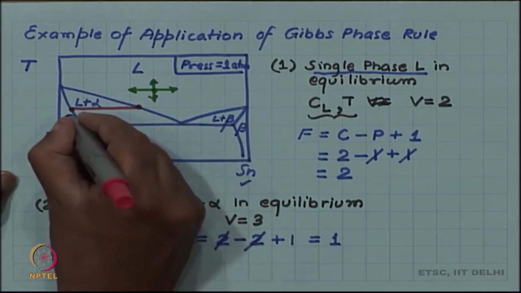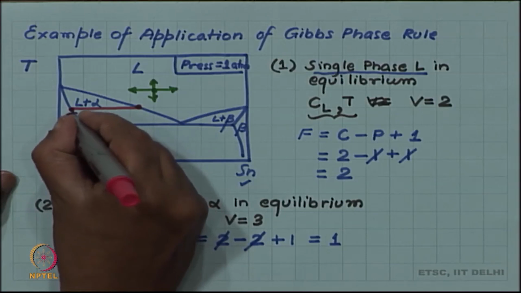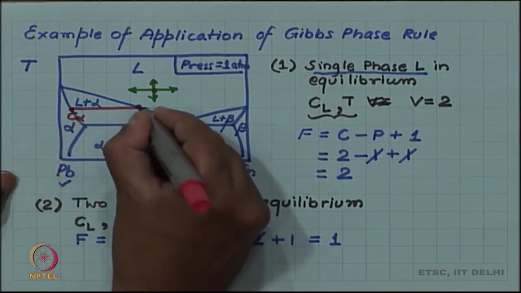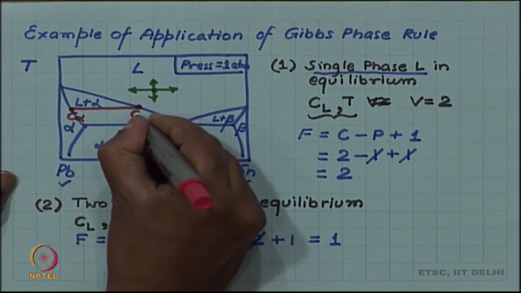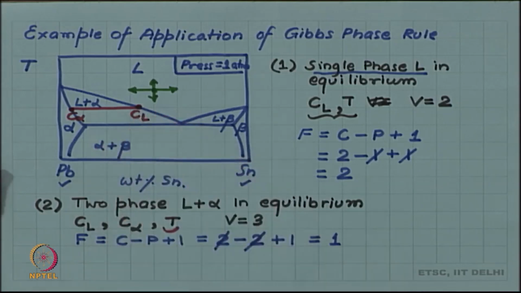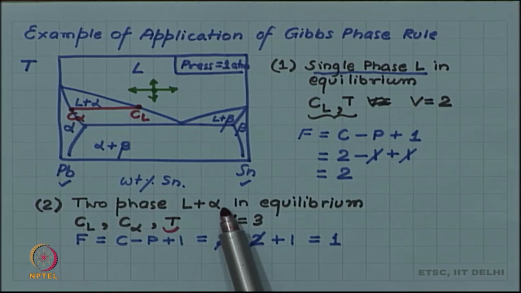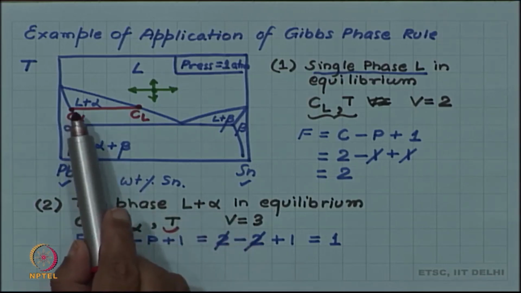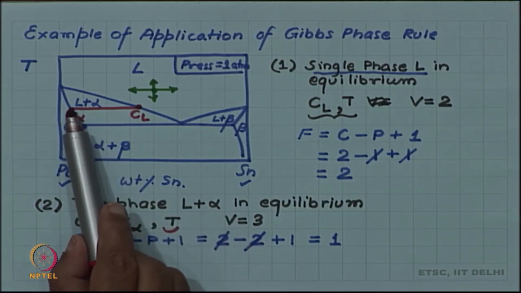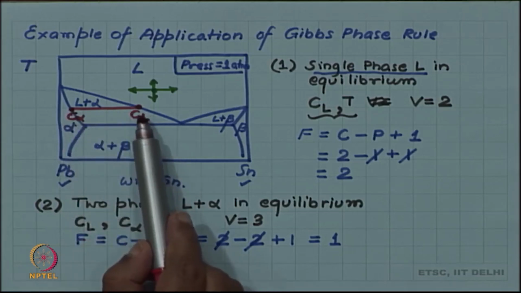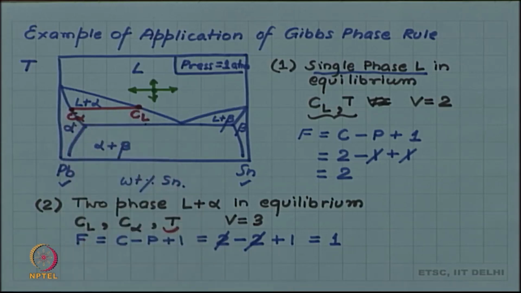The alpha end of the tie line gives me the composition of alpha, and the liquid end of the tie line gives me the composition of liquid. So, as soon as I specify the temperature and I insist on a liquid plus alpha equilibrium, the alpha has to have the composition given by the tie line, and the liquid has to have the composition again given by the tie line.